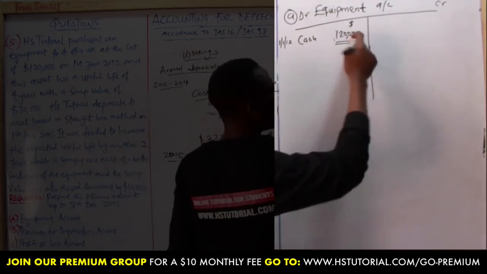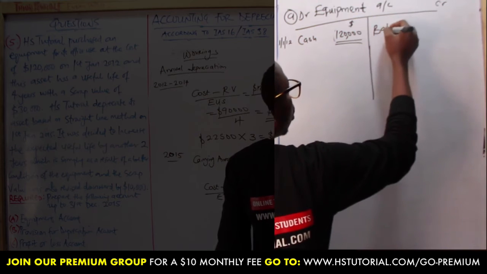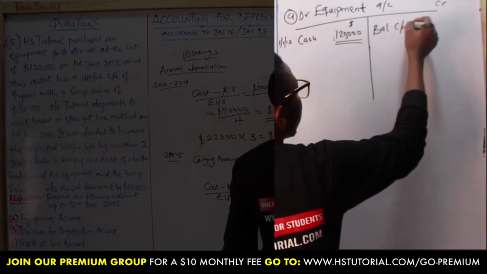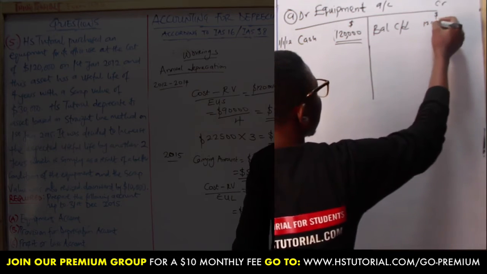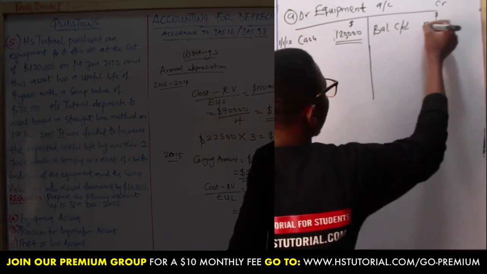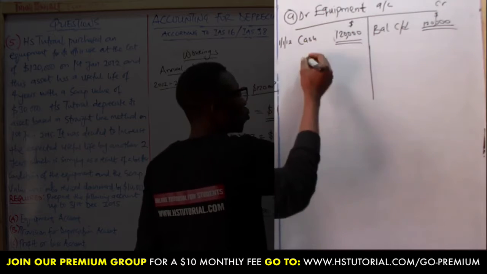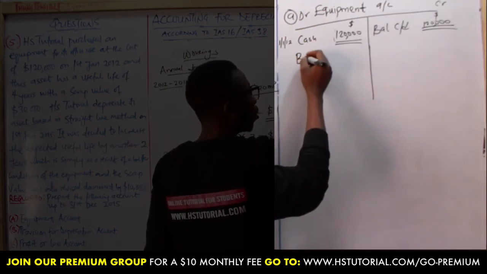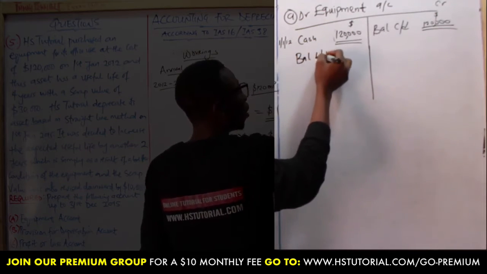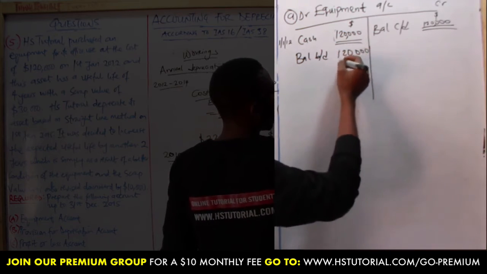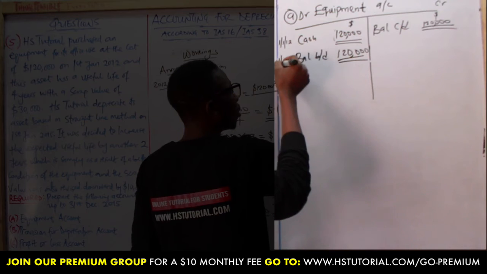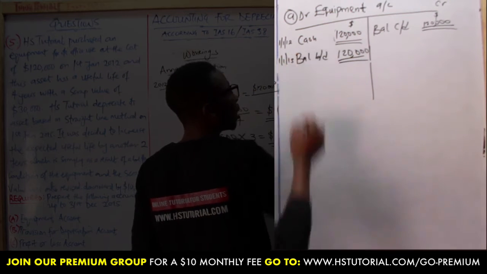So you balance this. Balance carried down for the first year, 120,000 dollars. Balance it as well. Then carry this down as well, balance brought down, 120,000 dollars, for 1/1/2013.